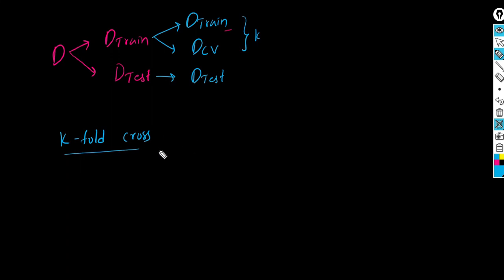In k-fold cross validation, let's consider k equal to 4. That means we are going to split the train data into 4 folds, and generally the k value lies between 4 to 10. Let us consider this is the D train data.